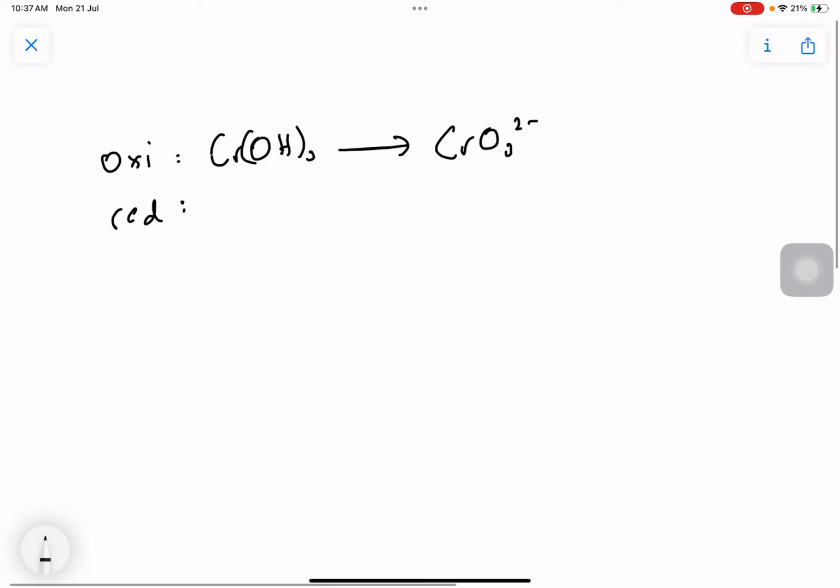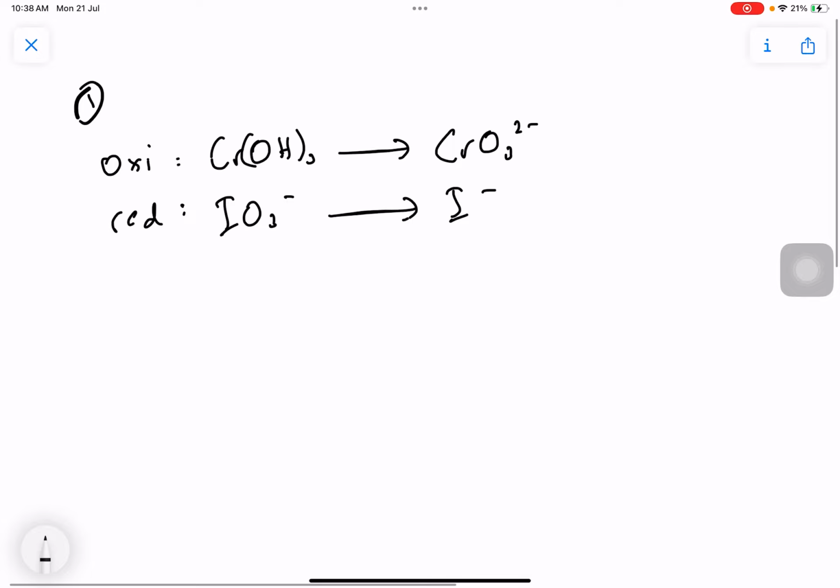Okay, so oxidation is CrOH3 to CrO3 2 minus. Reduction is IO3 minus to I minus.